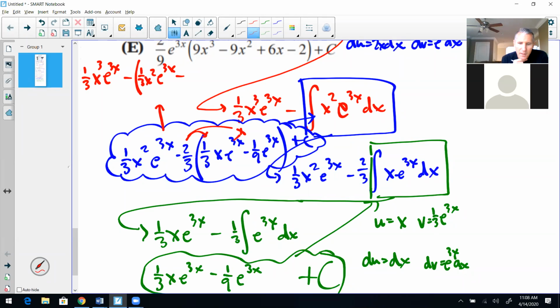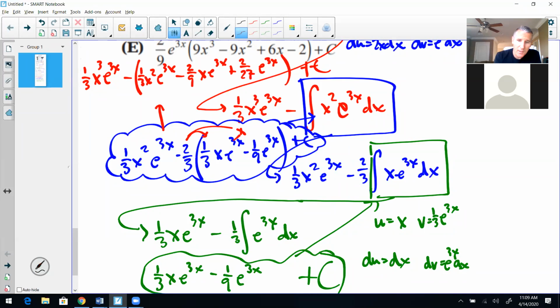Let's do it. Minus 2/9 x e to the 3x, and then that's going to be plus 2/27 e to the 3x, and then we have a plus c there.